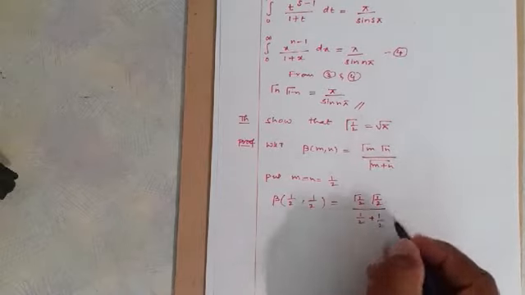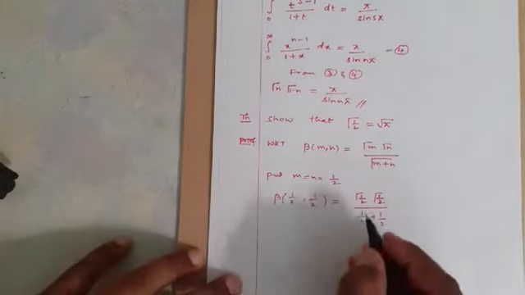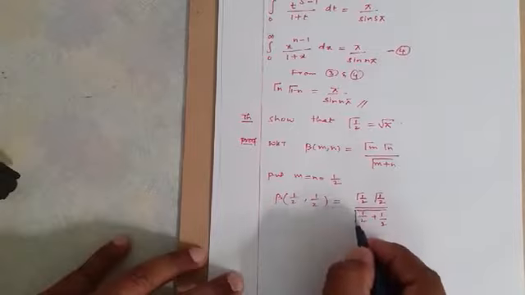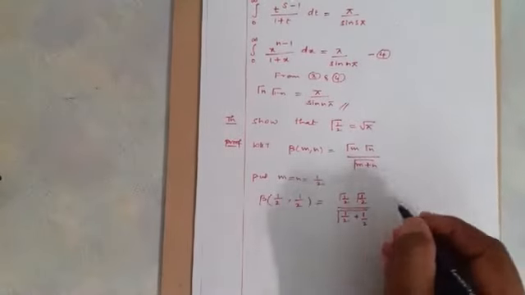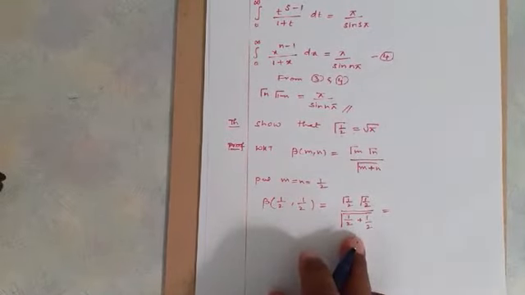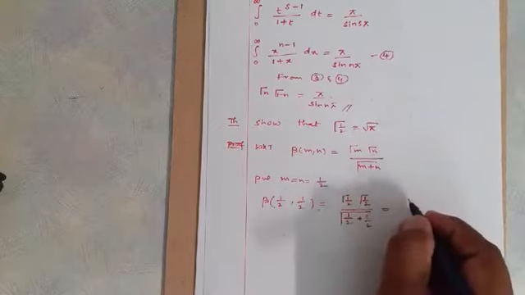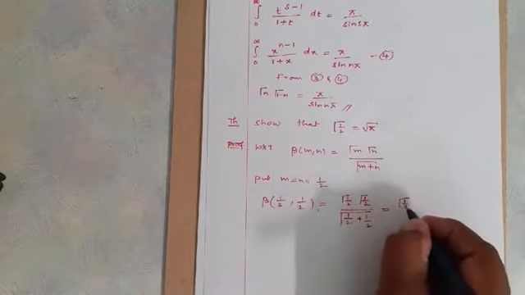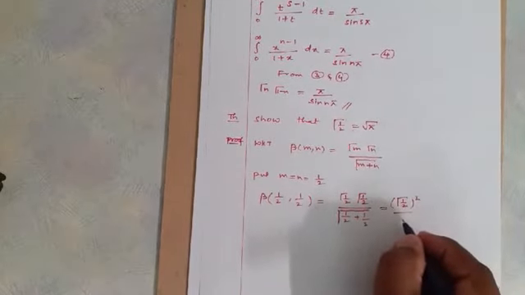That is 1 by 2 plus 1 by 2 is 1, so gamma 1 by 2 into gamma 1 by 2 is gamma 1 by 2 whole square, upon gamma 1.